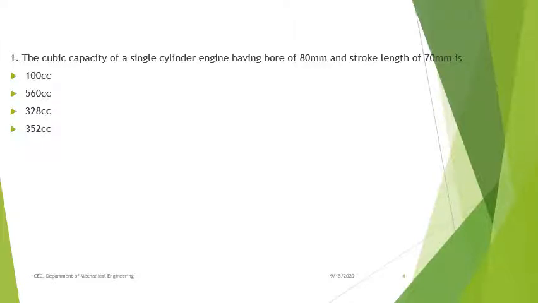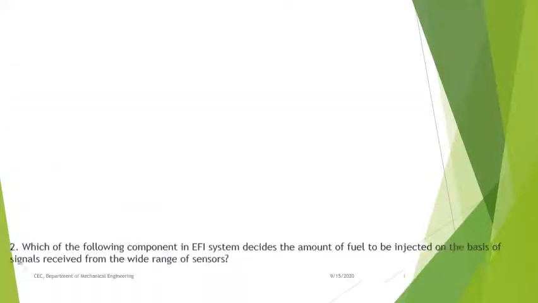This is calculated by using the formula. The answer is 352 cc. It is calculated by the formula pi d square by 4, that is pi d square by 4 equals area, into L equals volume. Hence the answer is 352 cc.